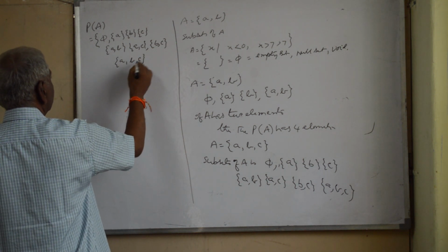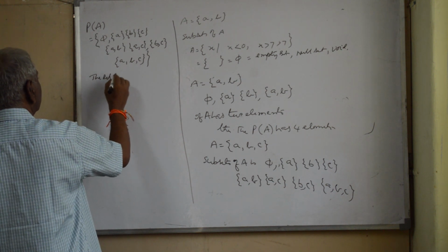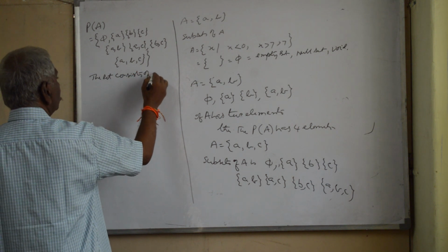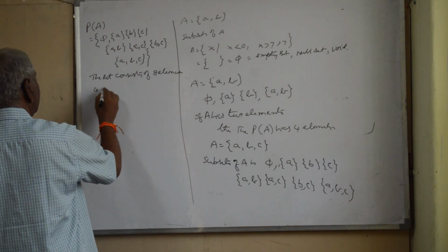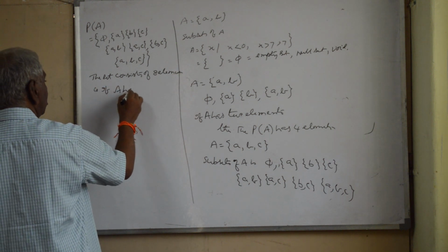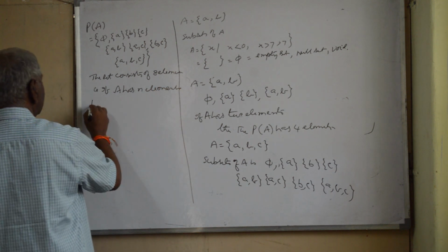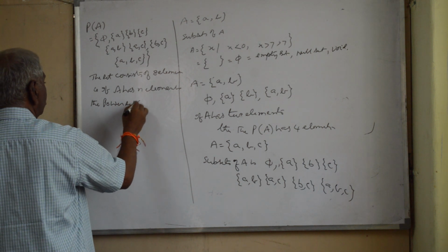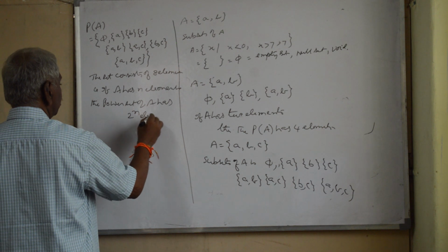So that is a set consisting of 8 elements. That is, if A has n elements, the power set of A has 2 to the power n elements.